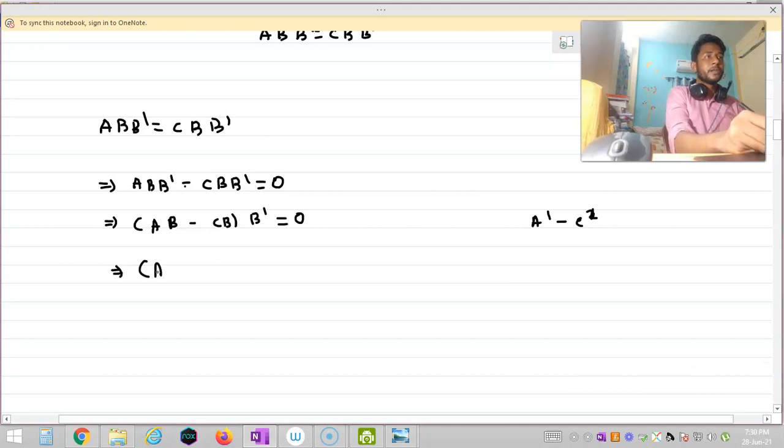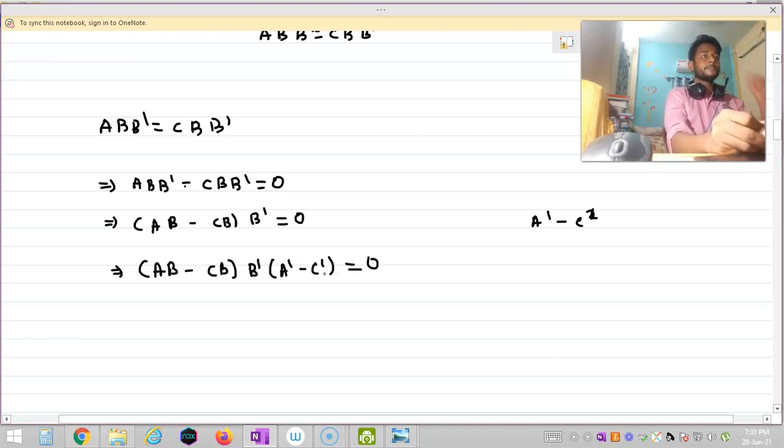So AB minus CB, that is, (AB minus CB) transpose is equal to B transpose A transpose minus C transpose, which is equal to 0.